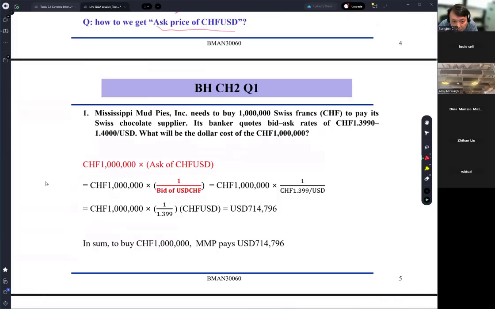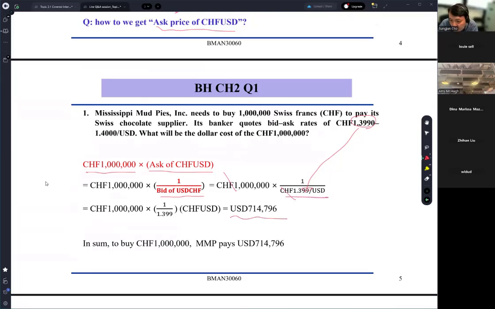So in summary, you're trying to compute the dollar amount for 1 million Swiss franc. So 1 million Swiss franc times ask price of CHF USD, which is the reciprocal of the bid of USD CHF. So we're going to write down this one here, and Swiss franc will be canceled, and we're going to get this amount of dollar.